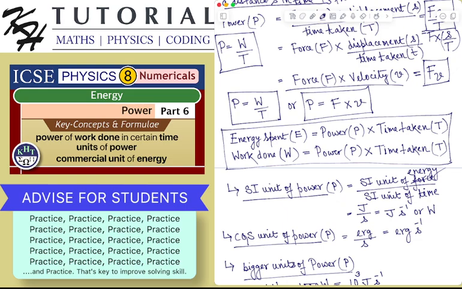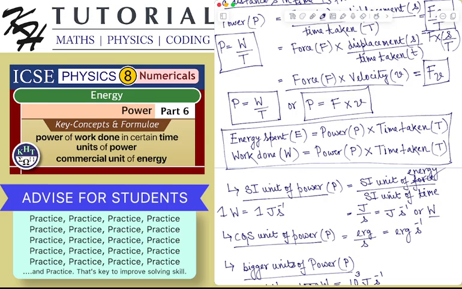Now this joule per second is named as watt after the name of the scientist James Watt. So 1 watt is equal to 1 joule per second. Now if you are asked what is meant by 1 watt, how do you define a power of 1 watt?